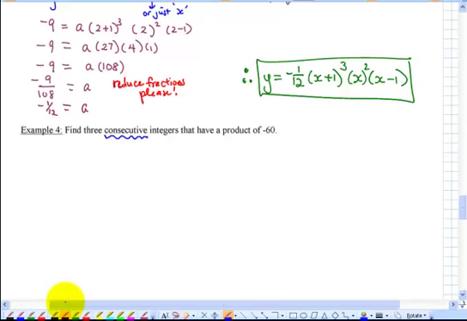Okay? Well, if I let the first number be x, what would the second number be if they're supposed to be consecutive? It's one more here, right? So x plus 1. Well, what would the third one be then?